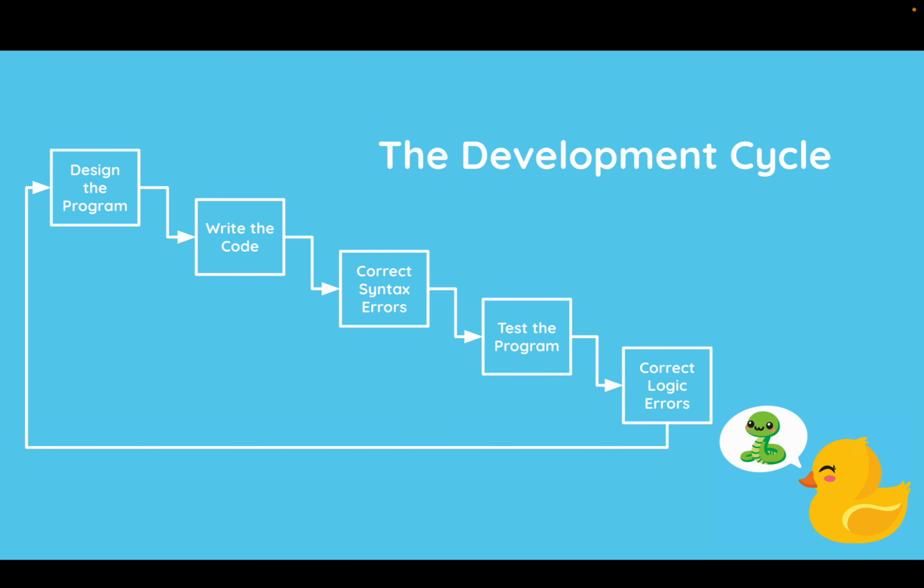Then once you correct your logic errors and your program works, whatever that means for that iteration of your code, you go back to the beginning to design the program. Everything we do in programming is iterative. Our code, especially when you're a software engineer, doesn't stay the same forever. It is constantly getting updated and made better, changed as technology changes. So these are the 5 steps, and like I said, we go between them all pretty fluidly as we're working with our code.